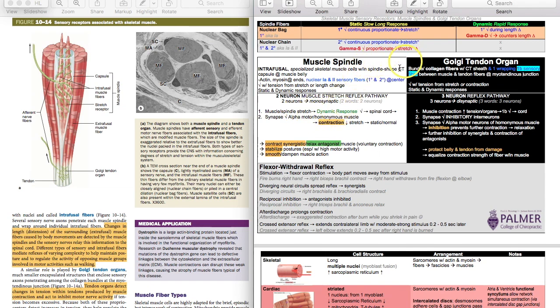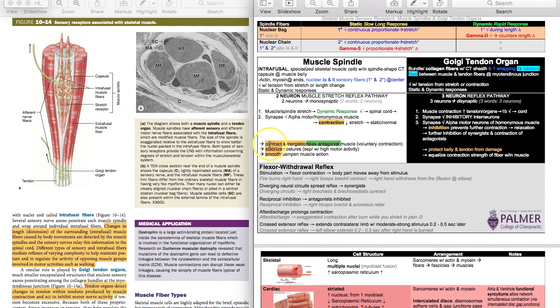You have one of these responses, which fires off a nerve impulse through this sensory fiber to the spinal cord, where it synapses with a motor neuron in the cord, not all the way to the brain, just in the cord. It's going to synapse with a motor neuron to that same muscle, where it comes right back, and it will basically change the contraction towards whatever goal your body needs at that time.